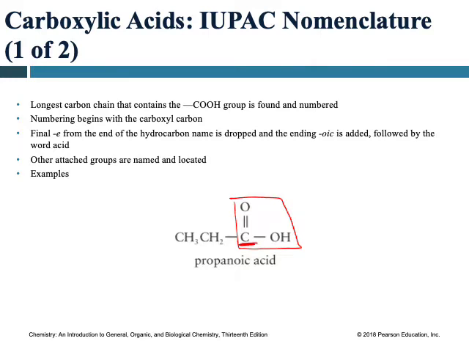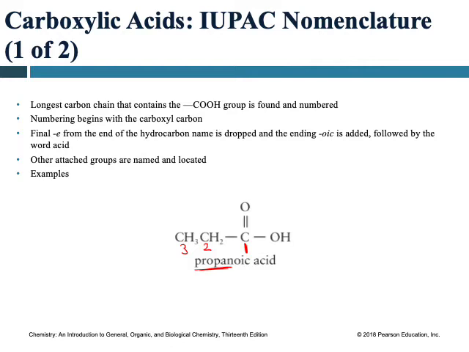So in this particular example, you have to give the priority to the carbon of the carboxylic acid, and then you have to go left 1 2 3, and you have 3, that means propane.